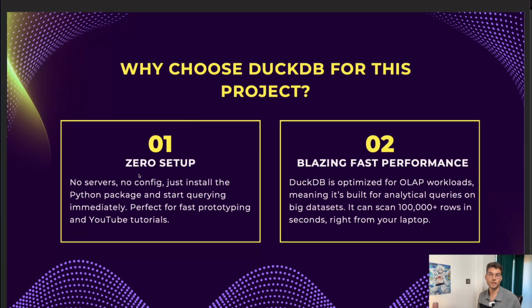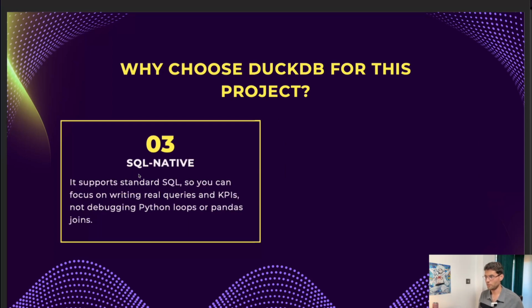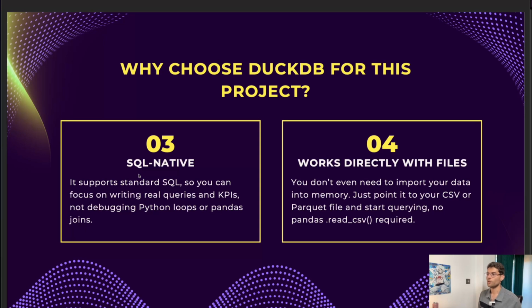The second thing is super fast performance. You can literally run hundreds of thousands of rows within seconds, and that's one of the powers of DuckDB. It's SQL native, so that's amazing. You can also write Python, but it's SQL native. We already know SQL, and you're going to use it in here, and that's fantastic. And fourth, it works directly with files, for example CSV, Parquet, Excel as well, I think.